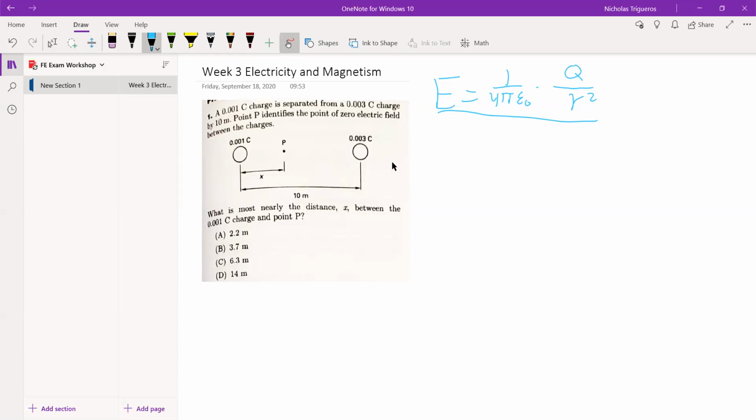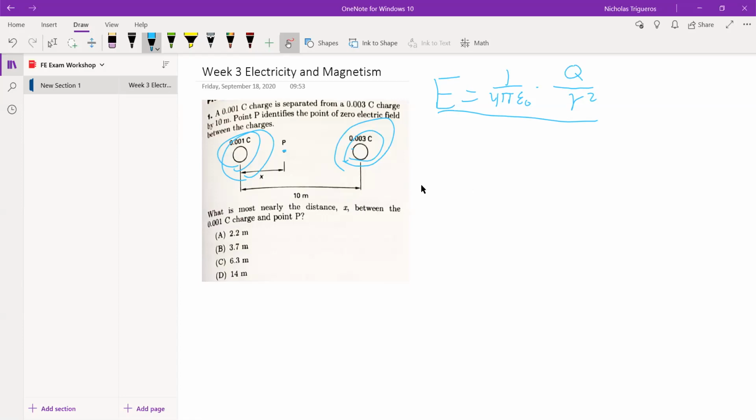Because charge 1 and charge 2 are both going to exhibit an electric field, right? But the electric fields tend to be zero, or they may cancel out at this point. So let's see if we can come up with an equation to solve for that distance X. We know that at this point, the E field of the left charge and the E field of the right charge must be the same, because they must cancel out in both directions.